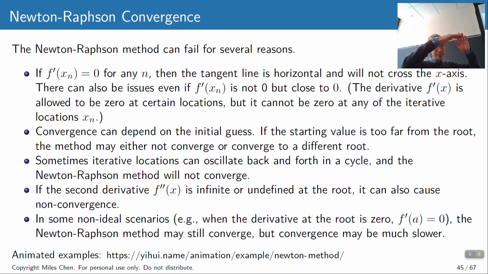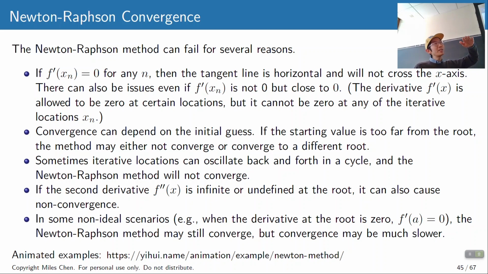If you have a function where the derivative is equal to 0 and you hit that location during your iterations, then the tangent line ends up being flat, and it won't cross the x-axis, right? So you're not going to have a next iteration. So then it fails, okay?